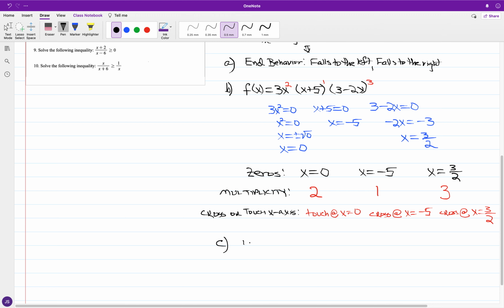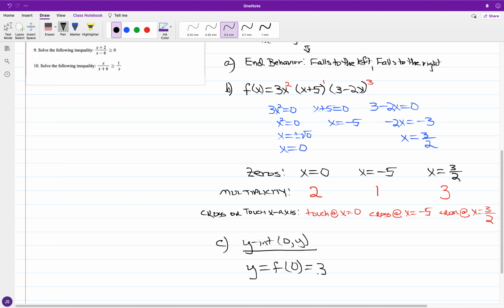And in this one case, you have for the y-intercept, 0, y. So we have y is equal to f of x when x is at 0.